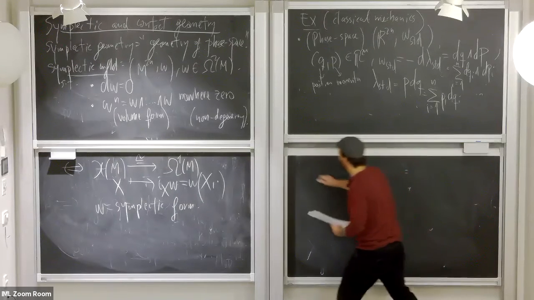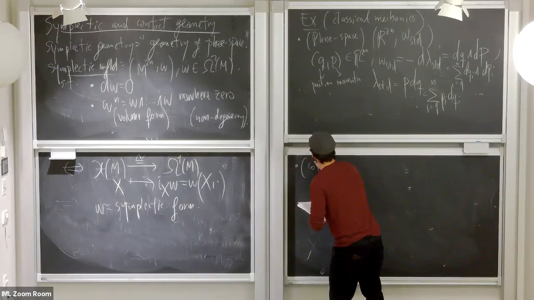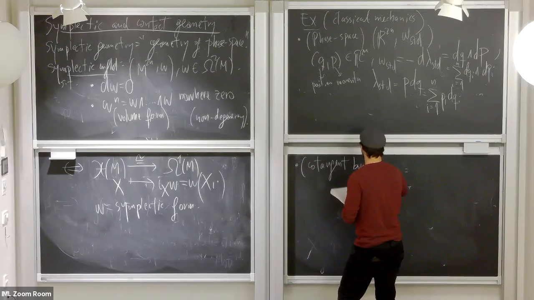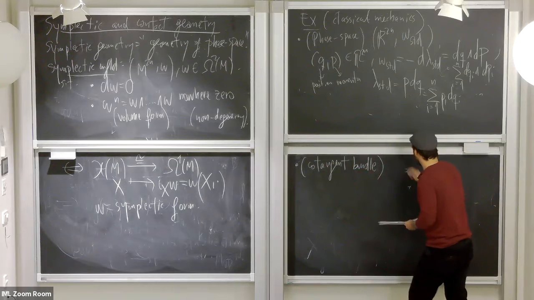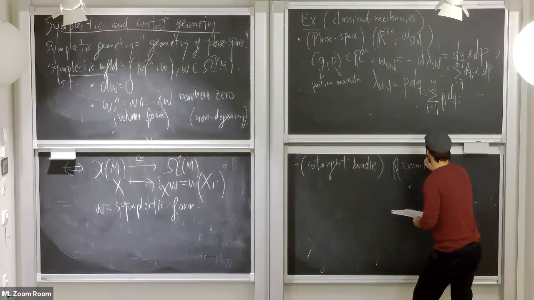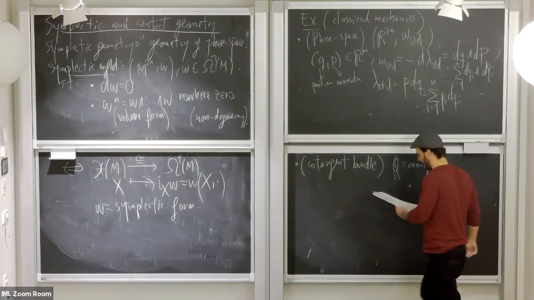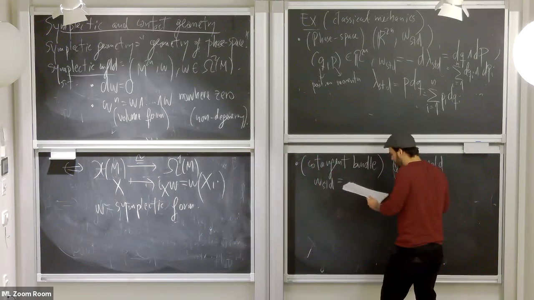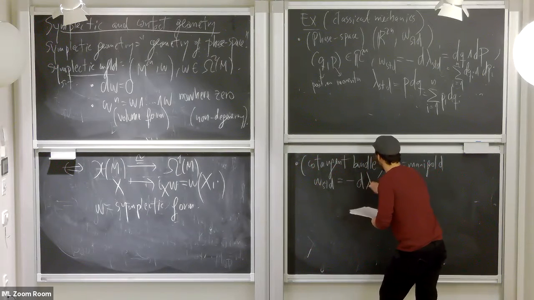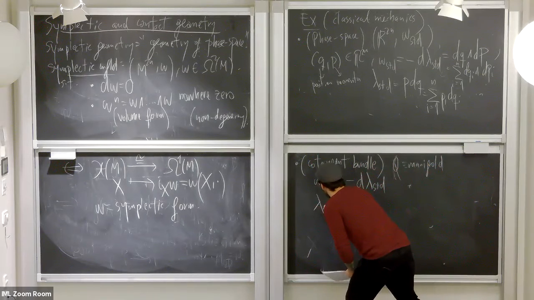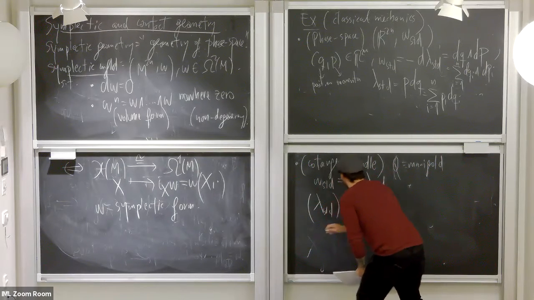Before I do that, let me mention another fundamental example, which is a cotangent bundle. So you take a manifold Q, and you take omega standard. This is also called the standard symplectic form, which is by definition minus the derivative of lambda standard, and lambda standard is defined as follows.